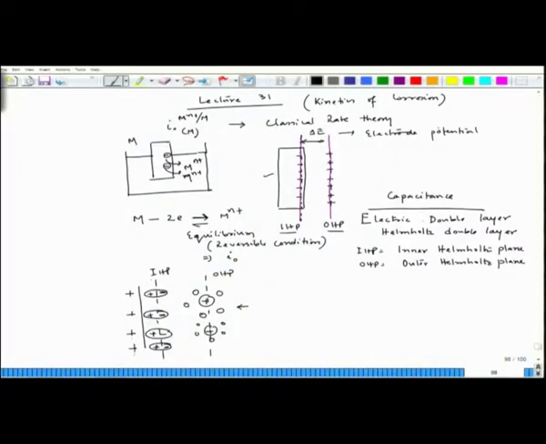For example, if it is positive charge, then the water molecule would be like this: instead of the positive side, the negative side of the polar molecule would be in close vicinity, directed towards the metal surface.